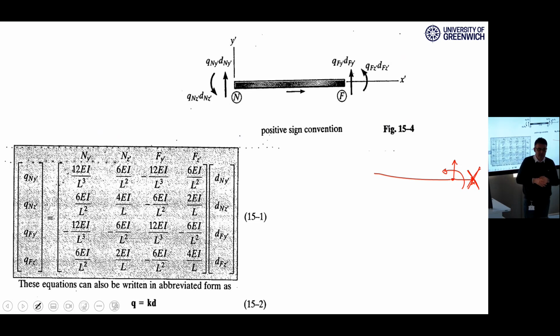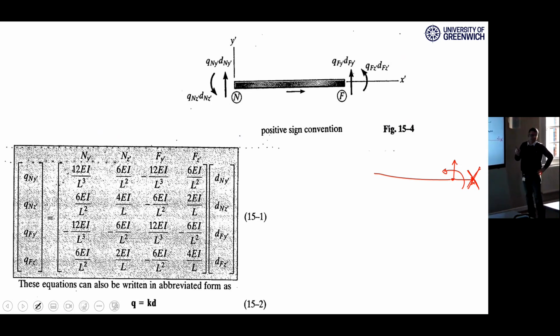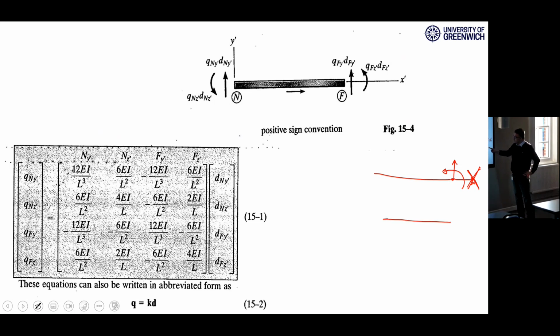So we can really ignore the deformation along the x-axis, which corresponds to the axial deformation. So we assume that at each end, we only have one deformation along y and one rotation along z.